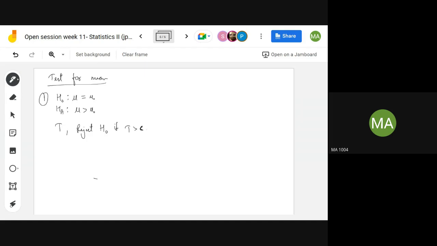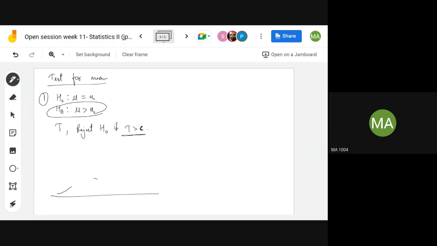And how did we come to this? By looking at the alternative hypothesis. You are rejecting H0 when the test statistic comes out to be greater than this critical value.